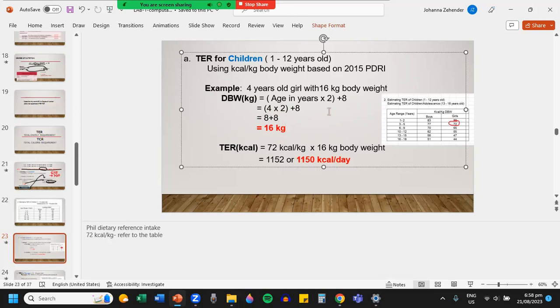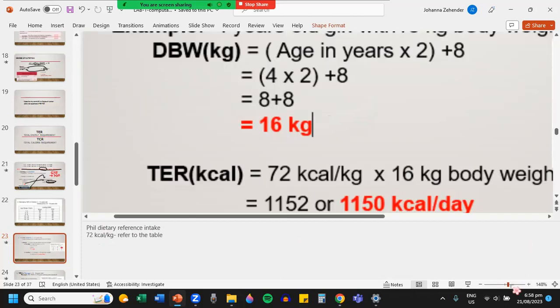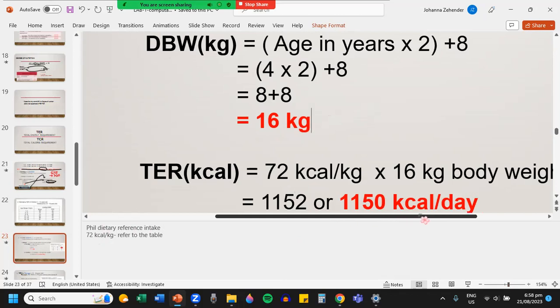So for you to compute the TER, you're going to solve it in this manner. We're going to make use of the table. For a weight of 16 kilograms, you're going to use 72 kilocalories. Why? You have to look at the table.